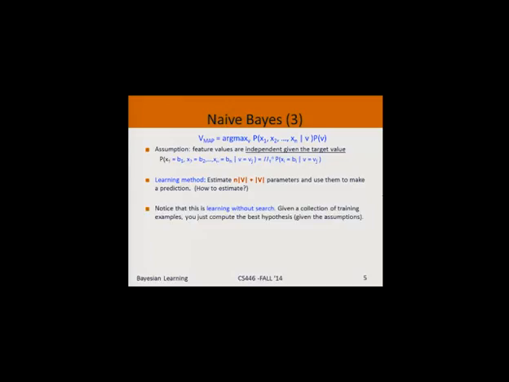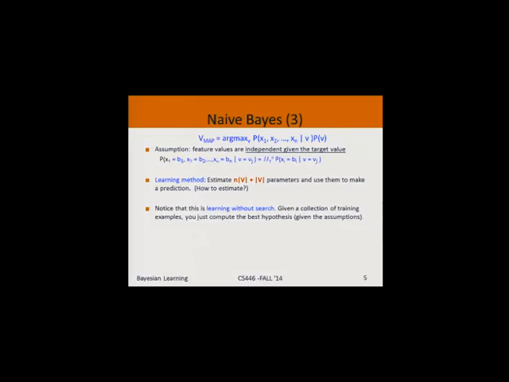So here's an important point, though. Notice that it's a very, very different learning algorithm than before. Before, the learning algorithms that we had were mistake-driven or error-driven, let's say, right? So we actually did search. We did something. We looked at how well we were doing. Are we consistent? Not yet.